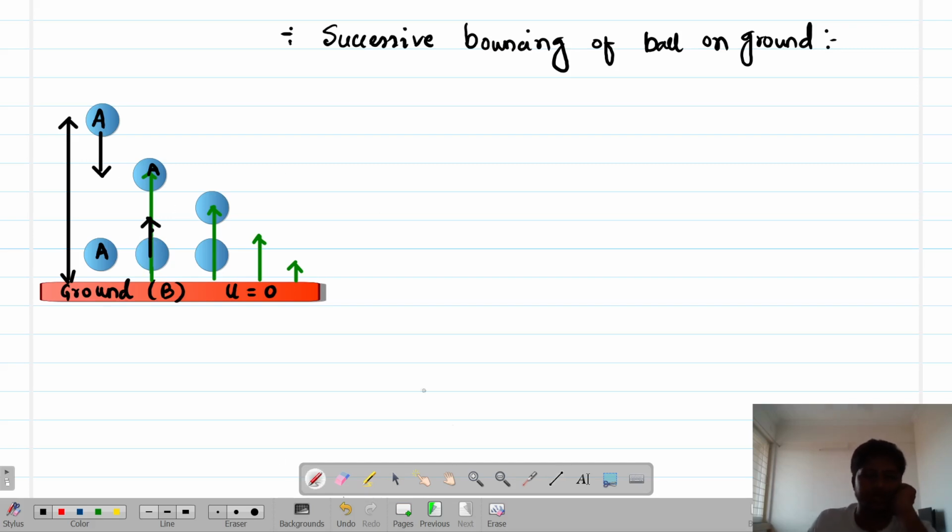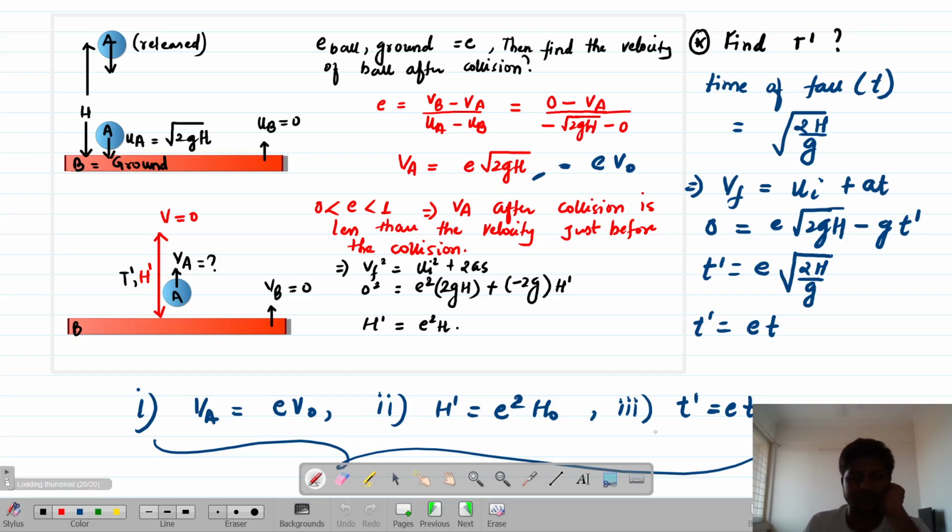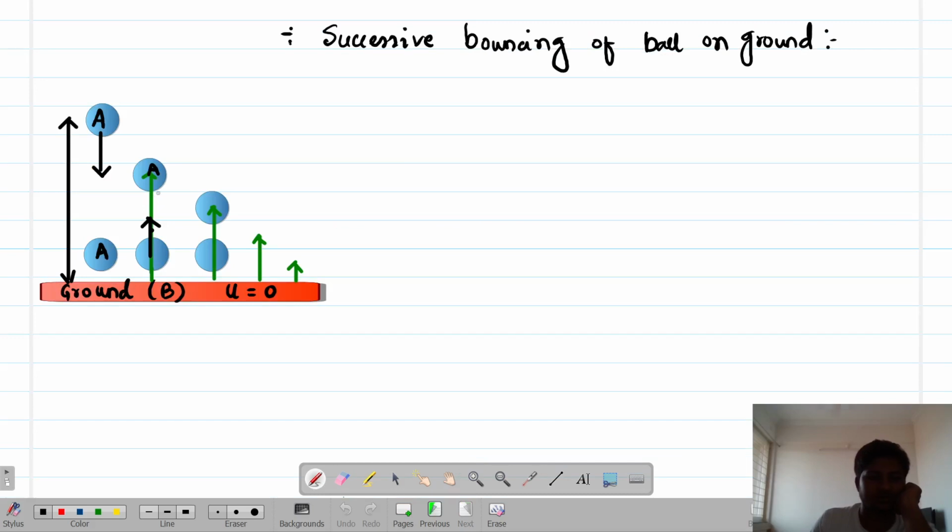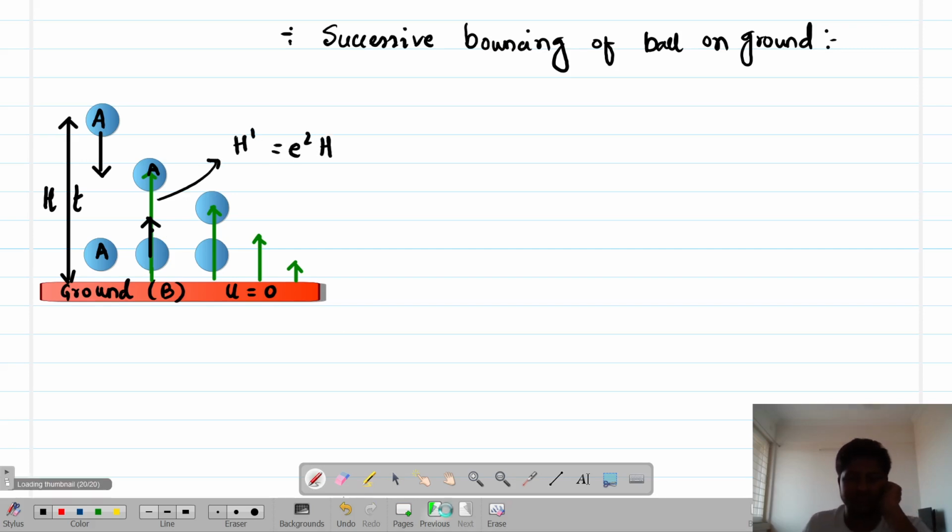So we calculated that during the first time period, t dash means just after the first collision, if this is h and this was t, the time of flight to come down, then if this is height h dash, then h dash was exactly equal to e square h, isn't it? And the time to go over there, t dash, was equal to e into the time period.